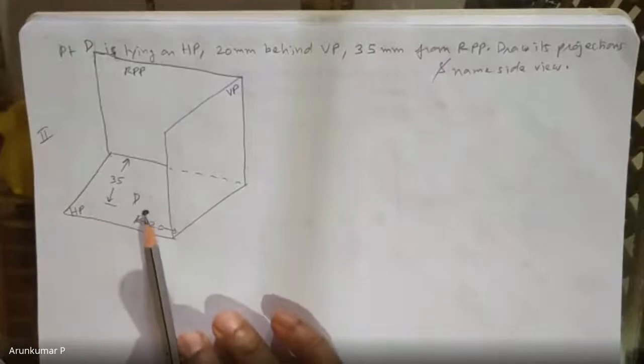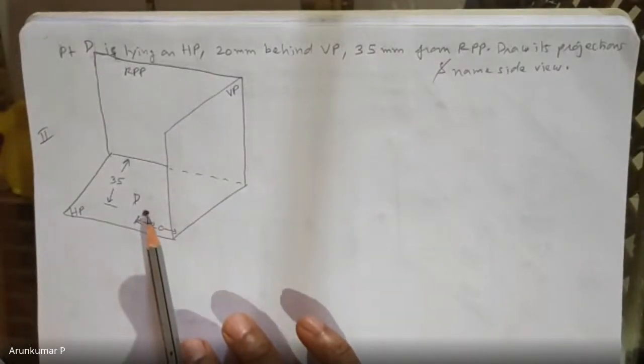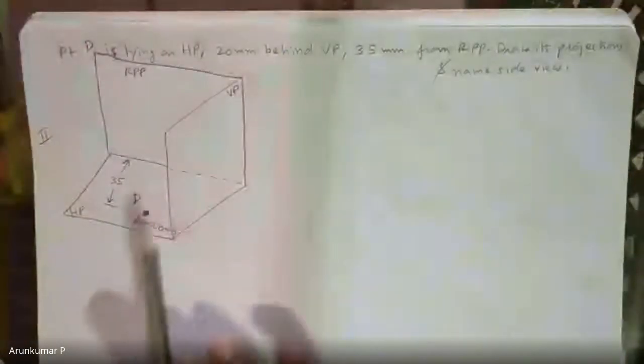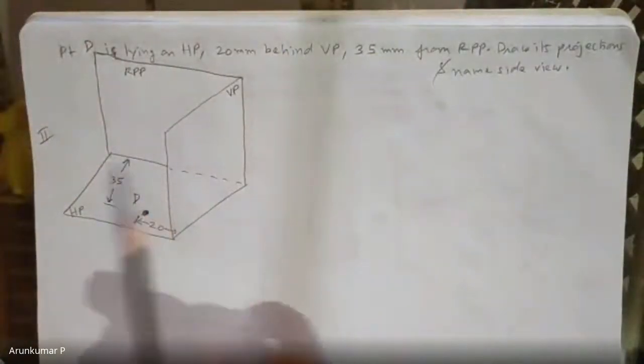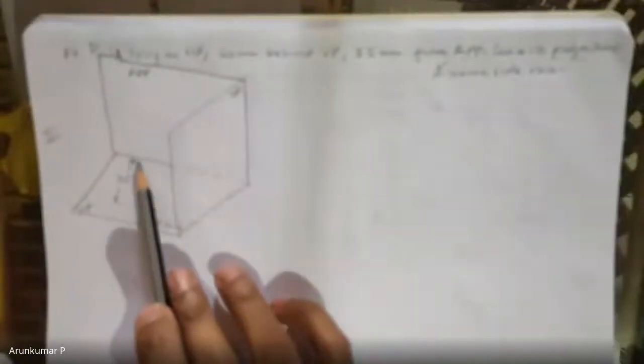So the point D is on HP. It is touching or resting on the horizontal plane. The distance between the point D and HP is 0. Point D is 20 mm behind VP. Point D is 35 mm from RP. This is the location of point D.